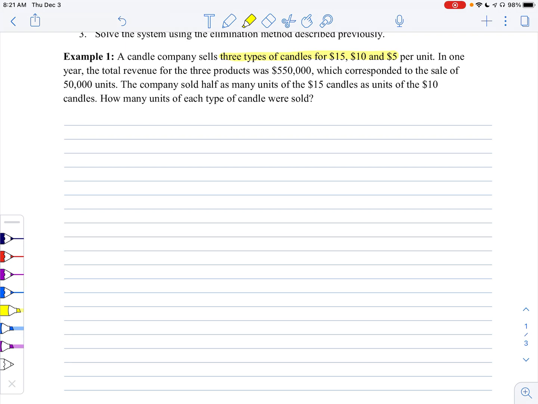In 1 year, the total revenue for the three products was $550,000, which corresponds to the sale of 50,000 units, so 50,000 candles. The company sold half as many units of the $15 candle as units of the $10 candle. And then we want to know how many units of each type of candle were sold.